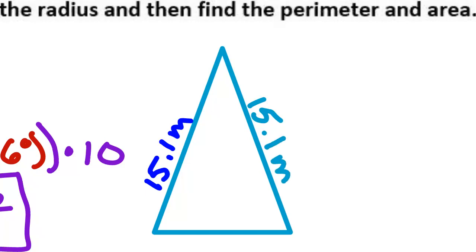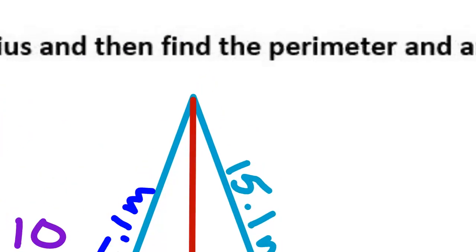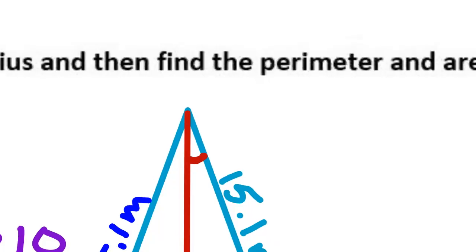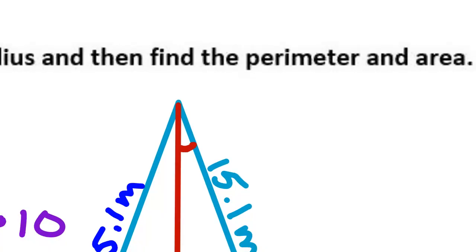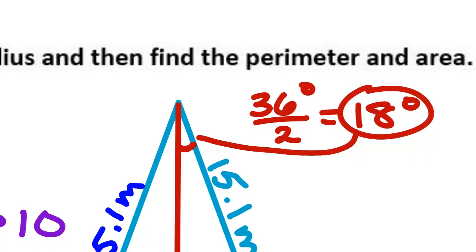We are going to draw a line straight down through the center of that triangle, splitting that top angle in half. So how big will that top angle be now that it's been split in half? 18. 36 degrees divided by 2 is 18 degrees.